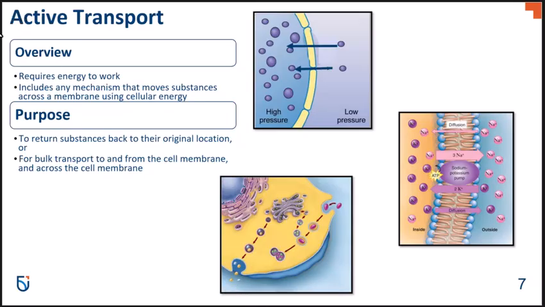Okay, looking at the top of the slide now so you know what we're getting into, we're going to elaborate on active transport, which was introduced earlier in the lecture. We know that active transport of substances across a membrane requires energy to do work, so I want you to associate the term active with needing energy, and we know that that energy is in the form of ATP, and it requires energy because it's moving substances against their concentration gradient.